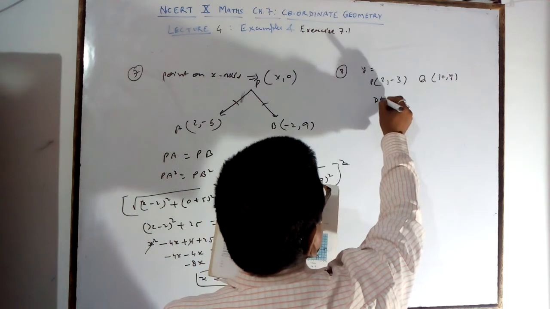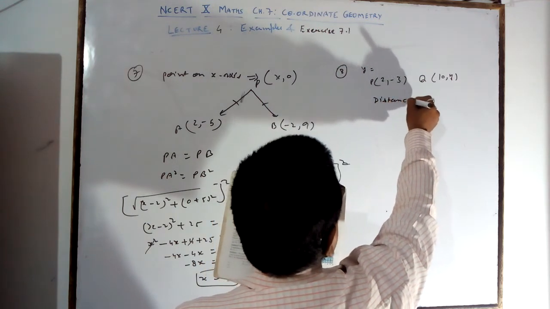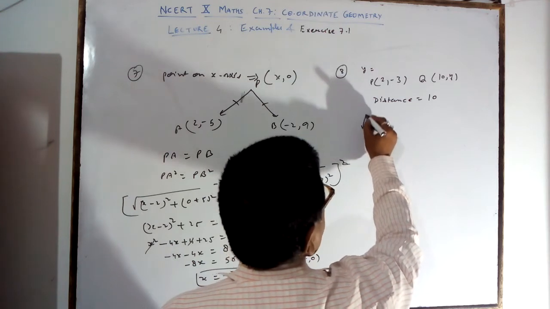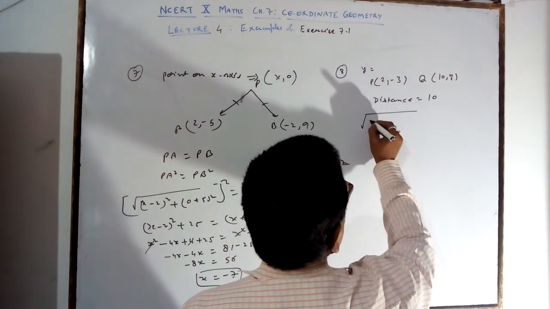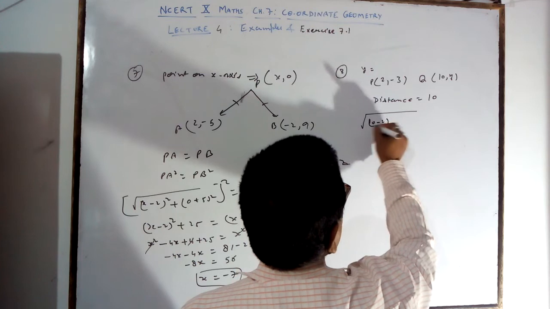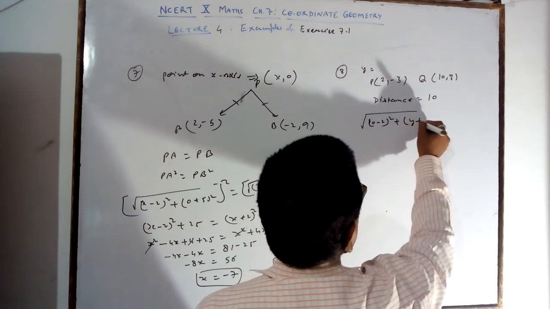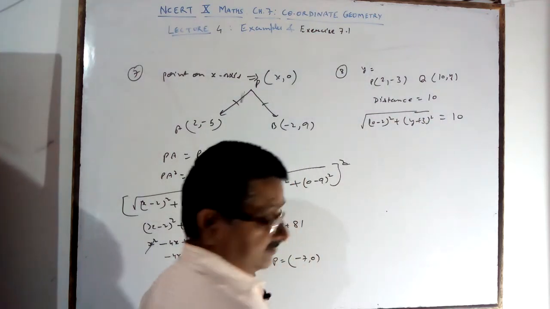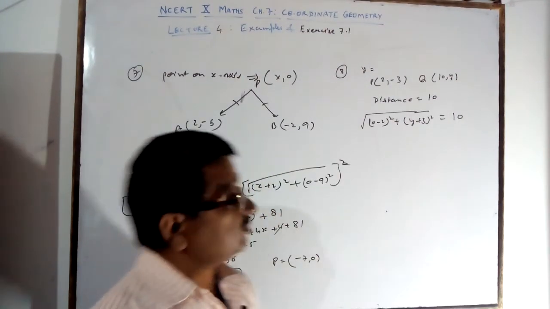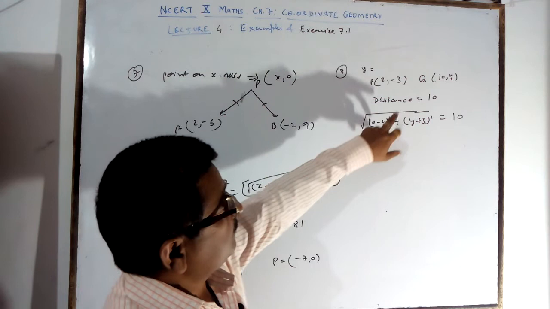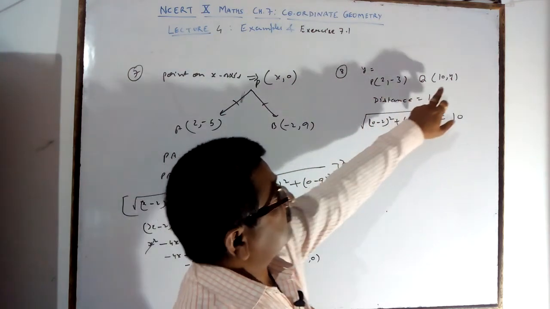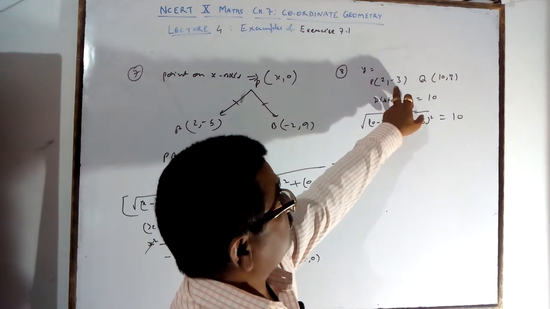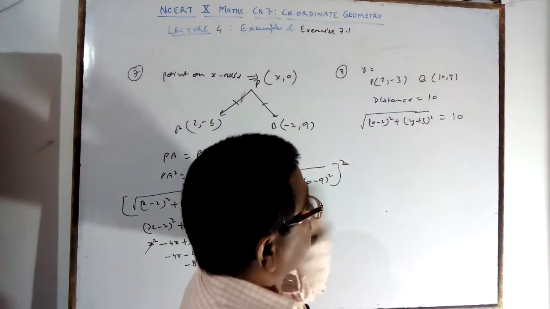Distance between these is given as 10, which means the square root of (10 minus 2) square plus (y plus 3) square is equal to 10. It is given. You apply the distance formula, so x2 minus x1, y2 minus y1, where y2 means y and y1 means minus 3.